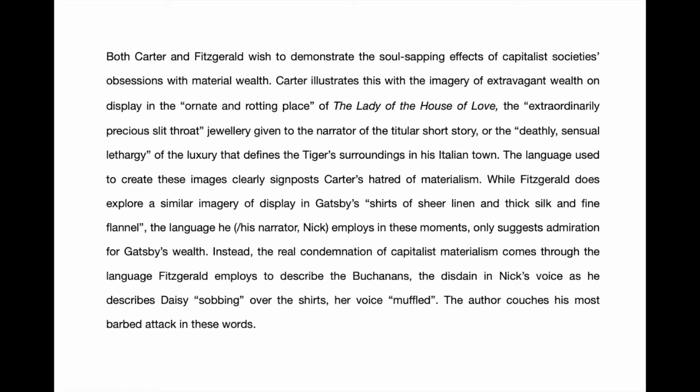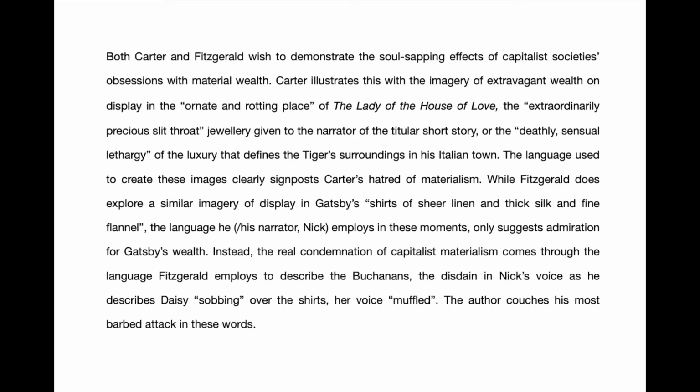Carter illustrates this with the imagery of extravagant wealth on display in the, quote, ornate and rotting place of The Lady of the House of Love, the, quote, extraordinarily precious slit-throat jewellery given to the narrator of the titular short story, or the, quote, deathly sensual lethargy of the luxury that defines the tiger's surroundings in his Italian town. The language used to create these images clearly signposts Carter's hatred of materialism.